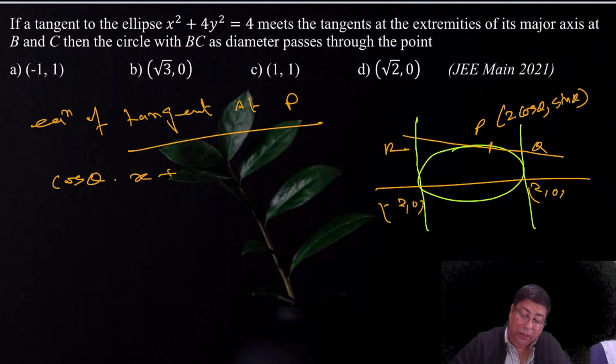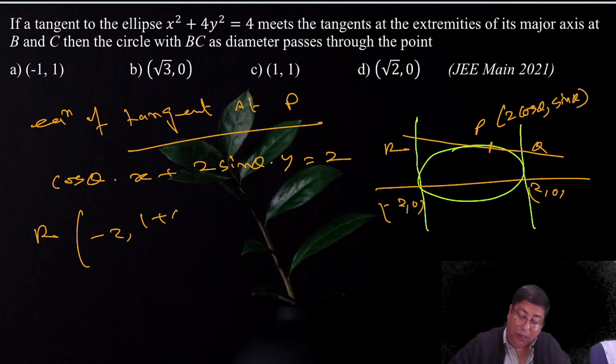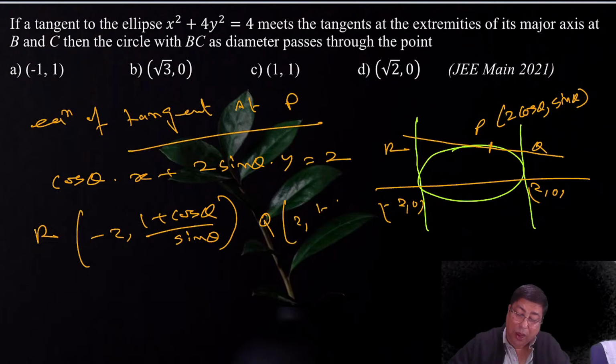Cos theta into x plus 2 sin theta into y equal to 2. Therefore, what is the point R? Put x is minus 2. So minus 2, 1 plus cos theta by sin theta, and what is the point Q? That is 2 comma 1 minus cos theta by sin theta.